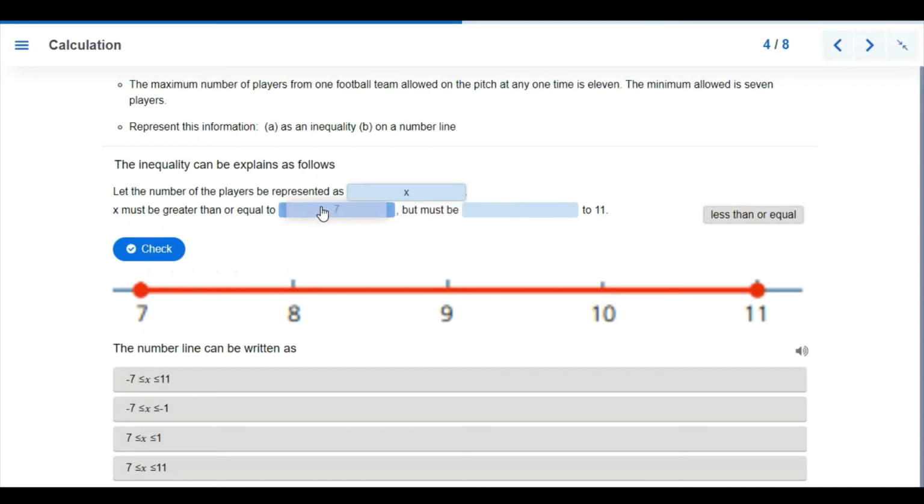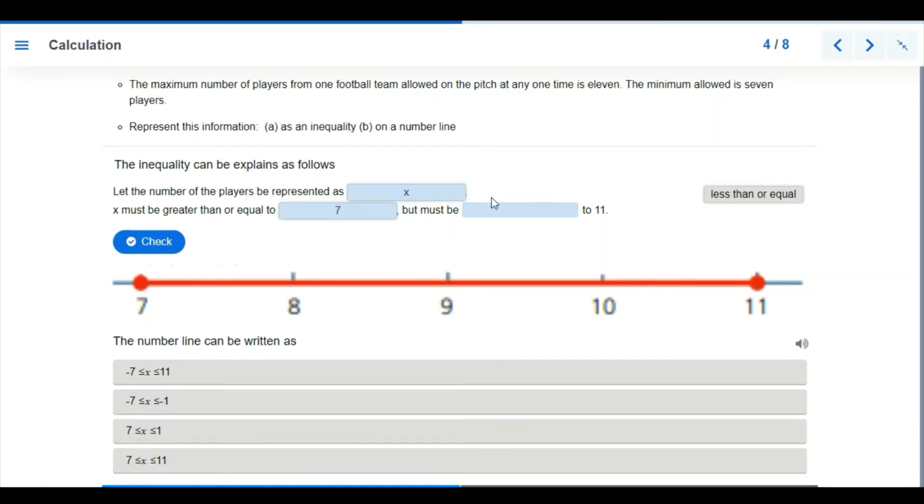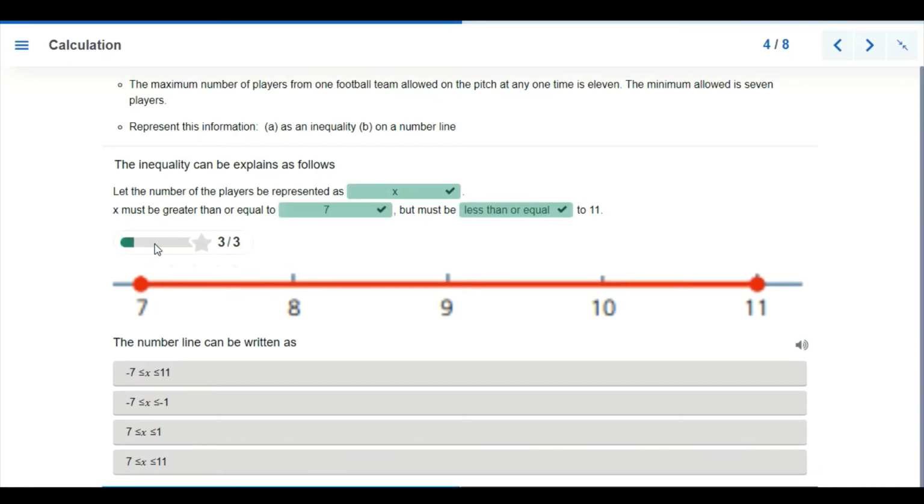That implies that any value below 7 cannot be among the players. The maximum number of players that we have here is 11, so x must be less than or equals to 11. Let's check. This tells us that the highest number of players we can have is 11, and the minimum is 7.